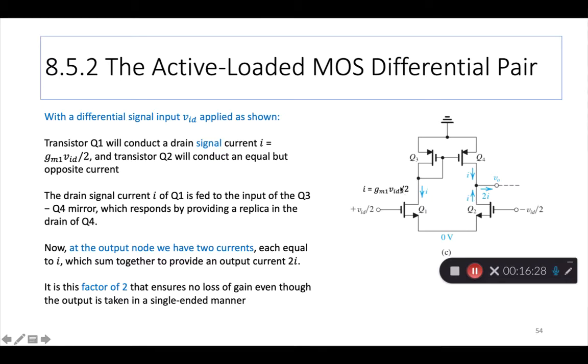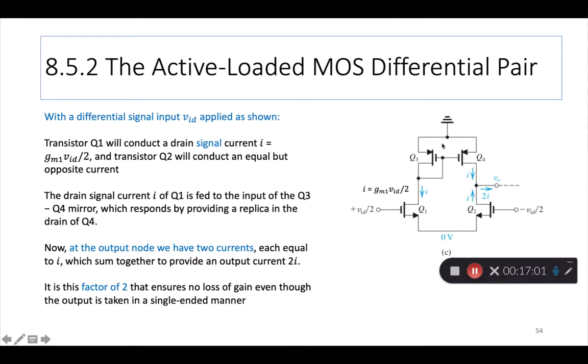The values are the same, and this current I, because it's also the current here, and if Q3 and Q4 are matched and they form a current mirror, you know that this current, the reference current, is also reflected here, right? It's the mirror of this I. Now, if Q3 and Q4 have the same W by L ratios, then we know that this I and this I are the same.